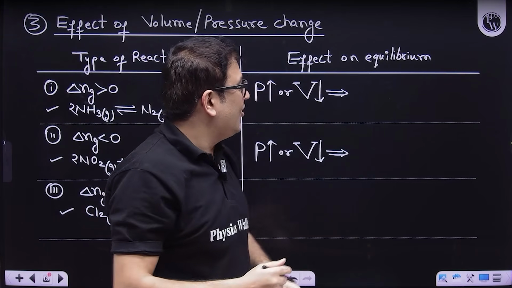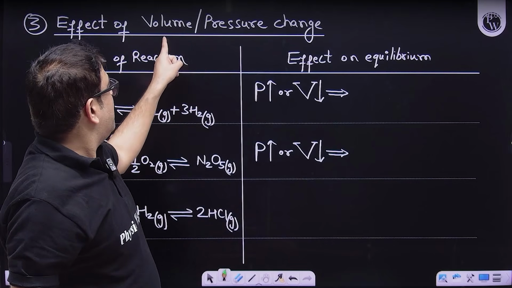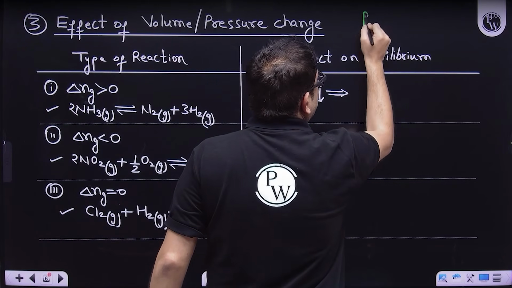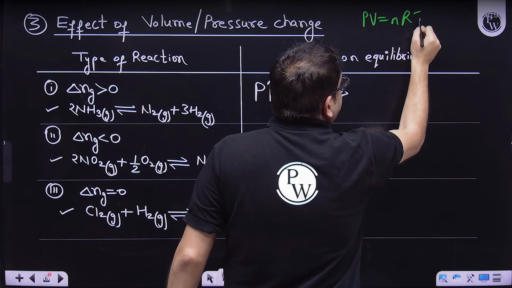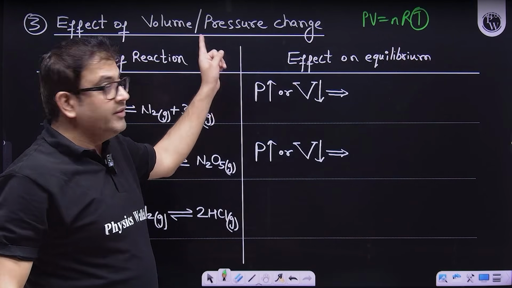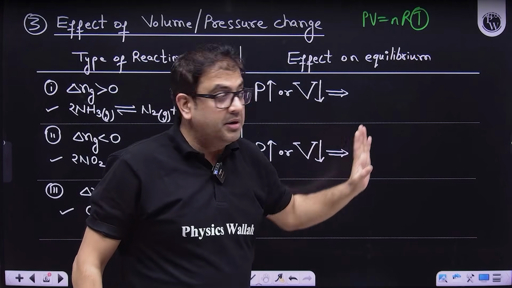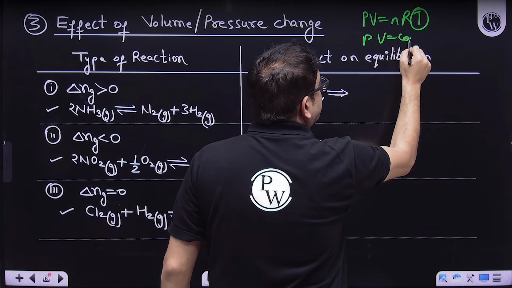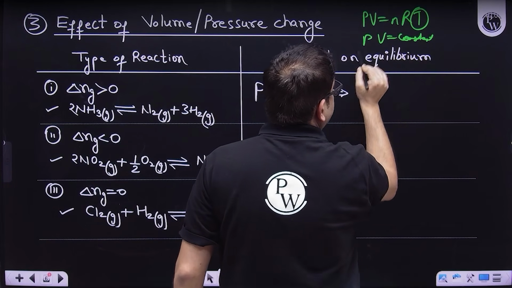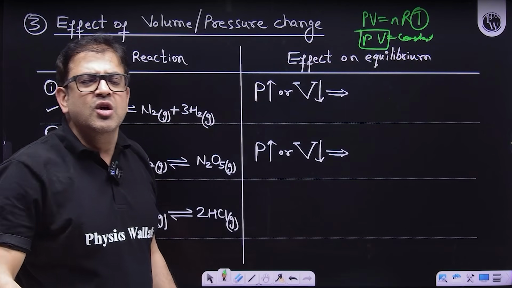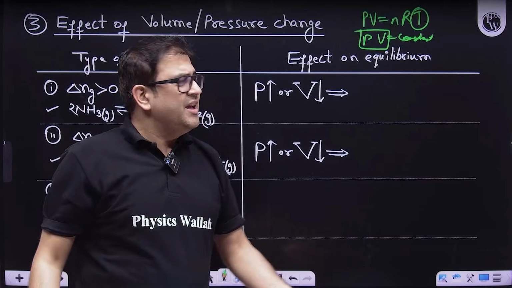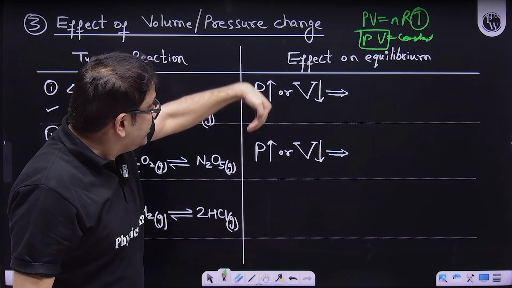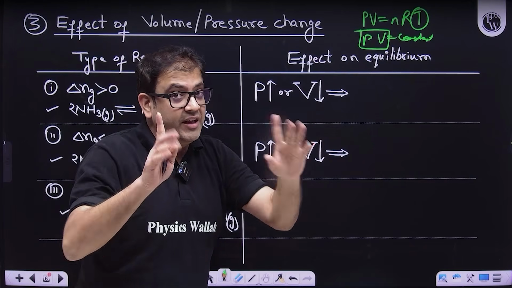Sir, for gases, we already know, because we are observing change of pressure and volume, that PV is equal to nRT. When we are dealing with either pressure or volume, we will be keeping the temperature constant. So PV will be constant. So in order for PV to be constant, P and V are inversely proportional. So whatever the question says, if it is increasing pressure, that means it is decreasing volume. If it is decreasing volume, it is increasing pressure. I've taken one of the cases.